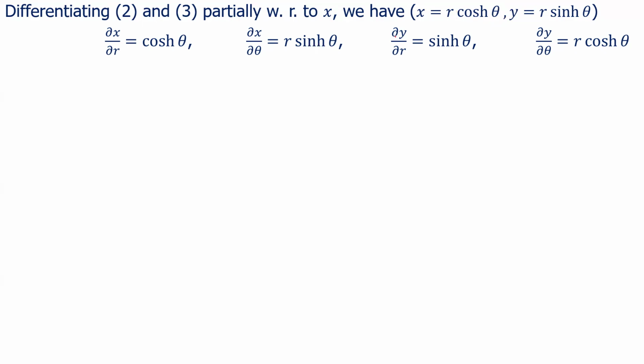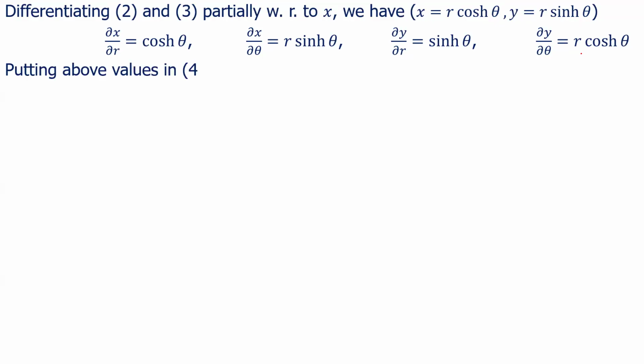Similarly, del y del r: the derivative of r is 1, so we have only sinh theta. And del y del theta: the derivative of sinh theta is cosh theta, and we multiply by r. So these are the values of del x del r, del x del theta, del y del r, and del y del theta.